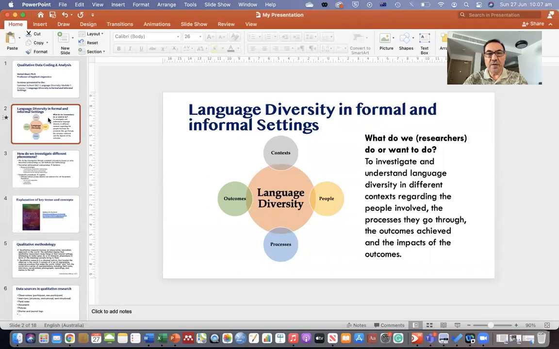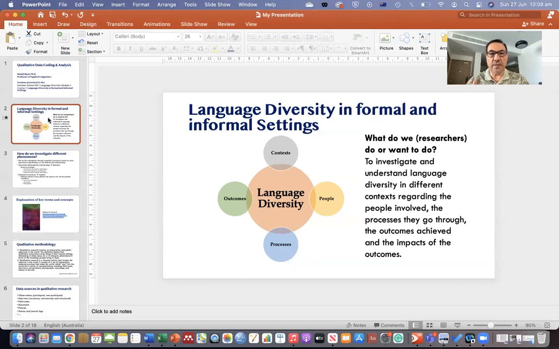The other aspect of language diversity is people. In any context, there are some people who converse with each other, who interact with each other by exchanging language for particular purposes and gaining or doing some particular actions. And these people usually go through some processes. So one process, for example, is turn taking.